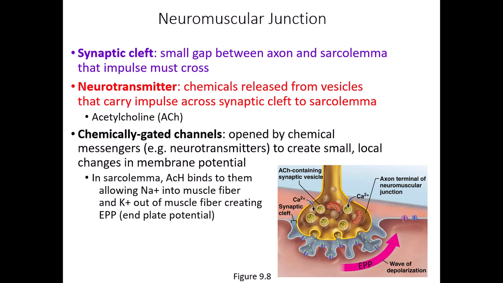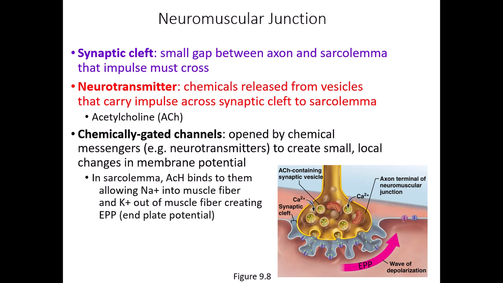So on the sarcolemma, the outside of the muscle cell, the neurotransmitter acetylcholine will bind to these chemically gated channels, and that causes them to open, allowing sodium into the muscle cell and potassium out of the muscle cell. And see, we're moving positive charged ions, and that's going to change membrane potential. Remember, we said membrane potential is the differential in charges on opposite sides of a membrane.